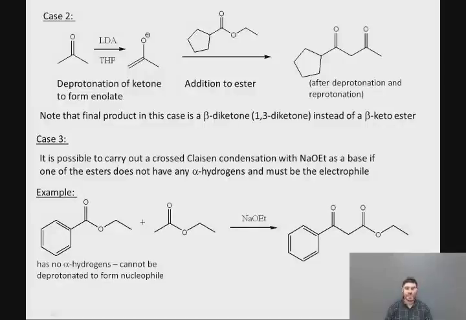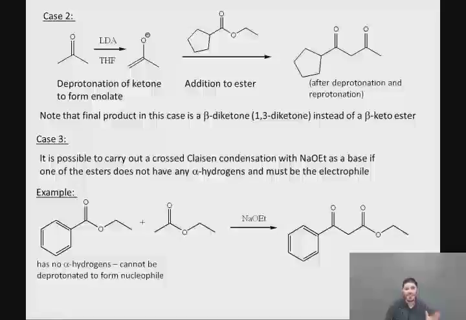An example of this reaction is if we take ethyl benzoate here, which has no alpha hydrogens because of the aromatic ring, and react it with ethyl acetate in the presence of sodium ethoxide.